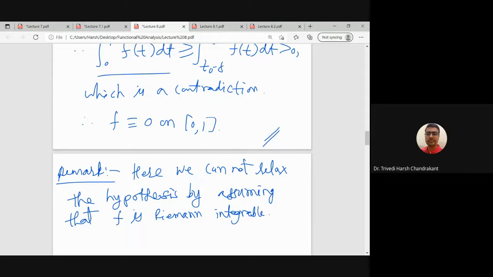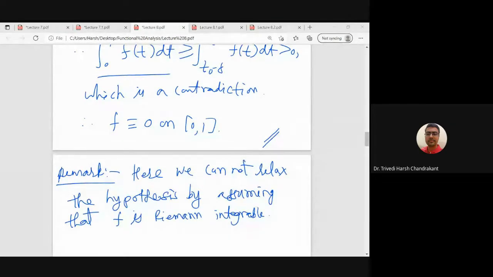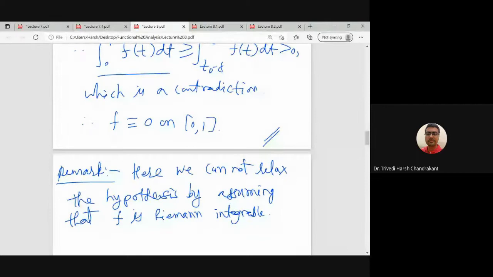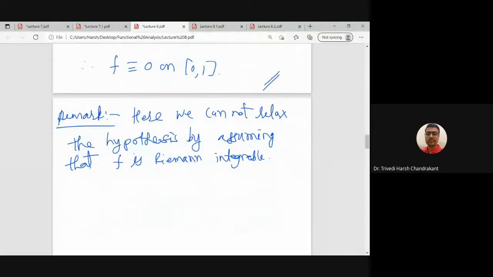We know that every continuous function over a closed interval is Riemann integrable, but there are functions which are Riemann integrable that are not necessarily continuous functions. So therefore, this is a weaker condition than continuity.